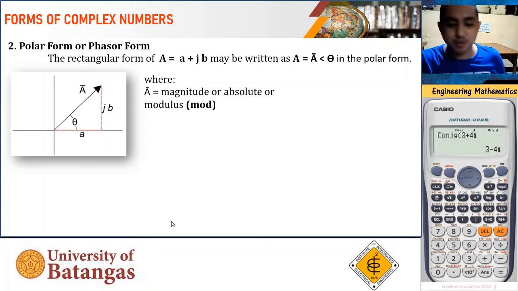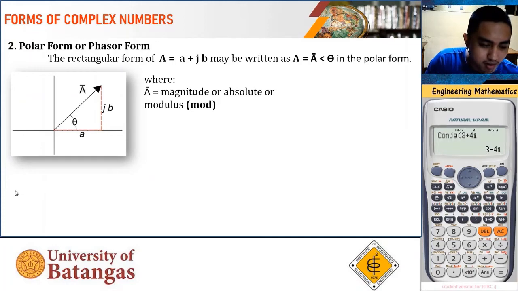Okay, so ano ba ang Pythagorean theorem? C squared equals A squared plus B squared. Okay. So, C equals square root ng A squared plus B squared.